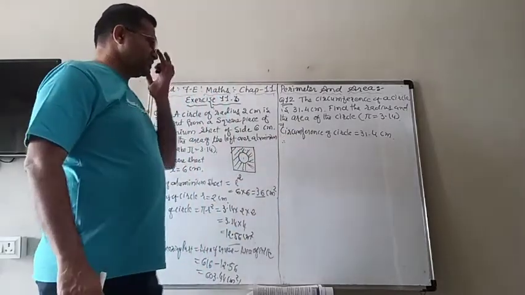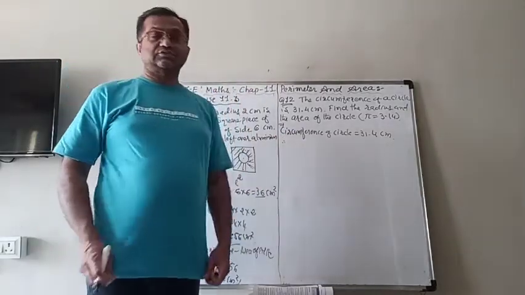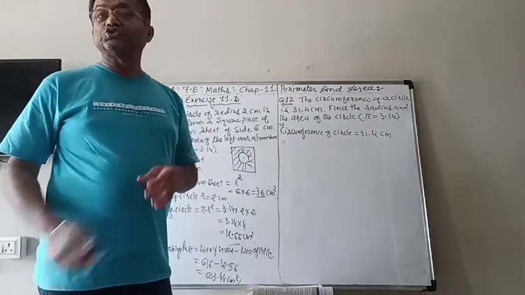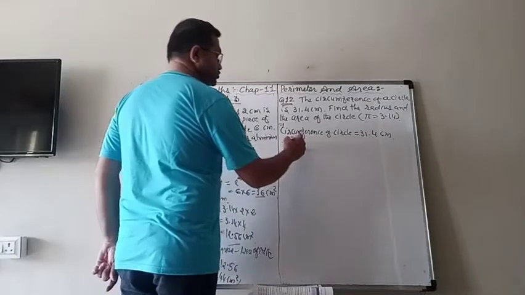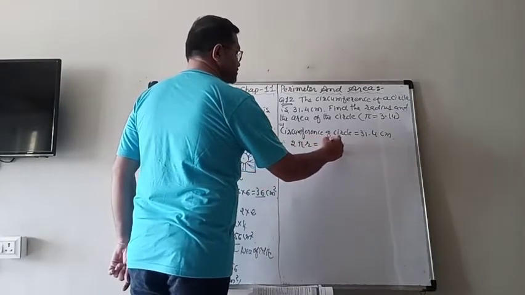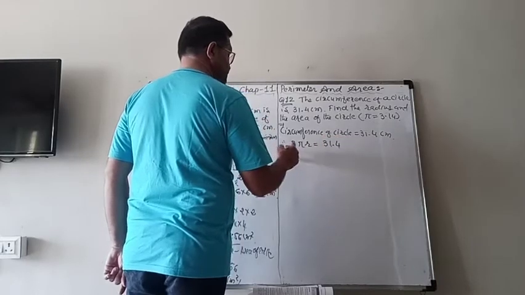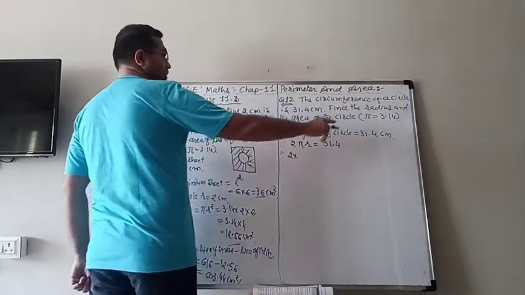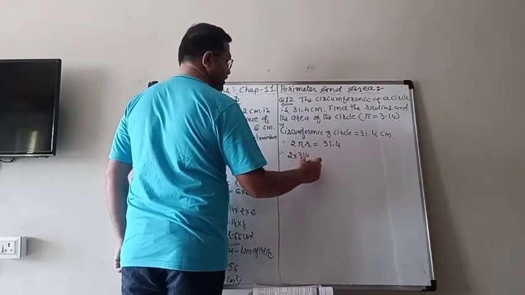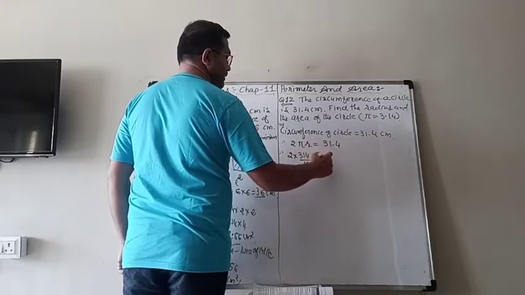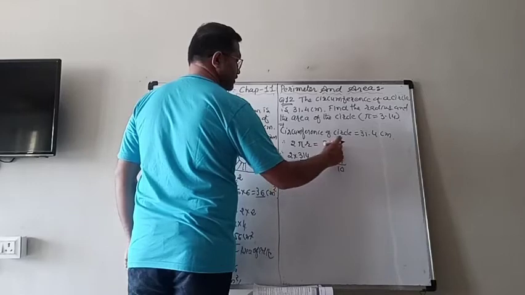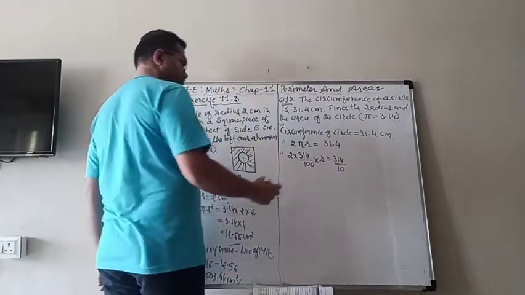So now, what is the formula to find the circumference of the circle? That is 2 pi r. So 2 pi r is equal to 31.4. So 2 multiplied by 3.14, so 314 upon 100 multiplied by r is equal to 314 upon 10, because only one decimal place is there.